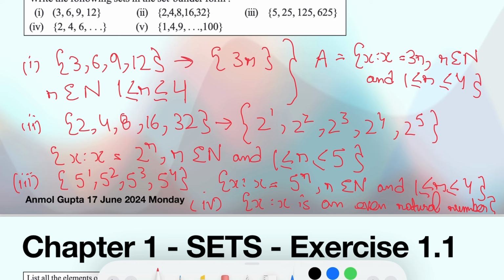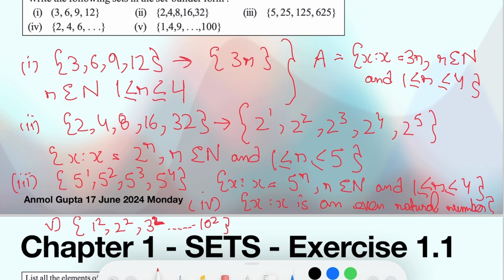Moving on to the fifth question, here we can see a pattern: 1 square, 2 square, 3 square till 10 square.